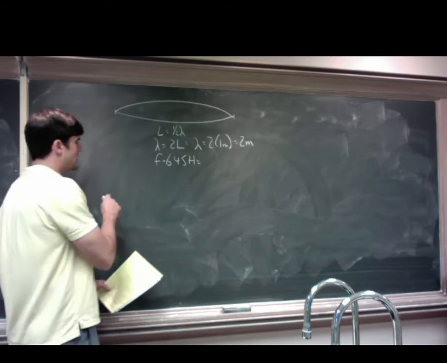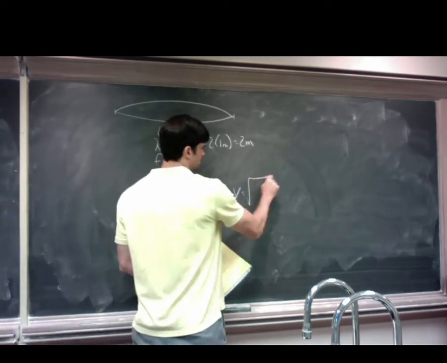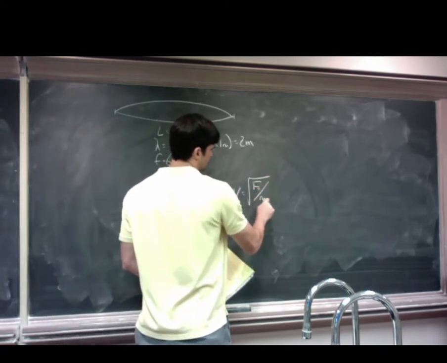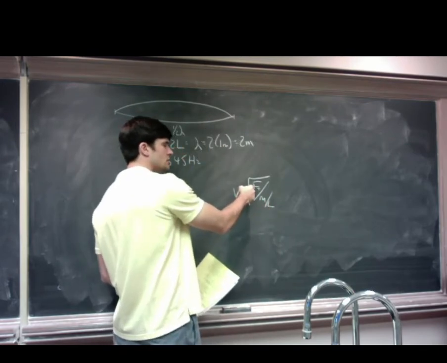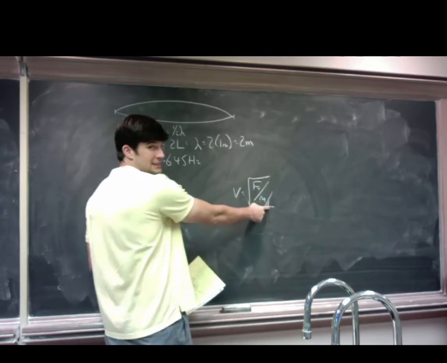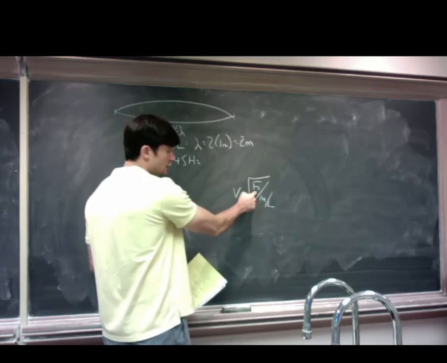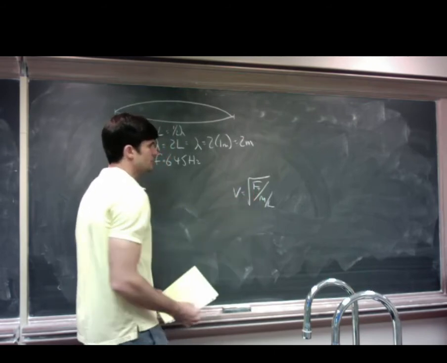Now we're asked, what tension must the piano string be pulled to? Well, we can get the tension from this equation: the velocity of the wave on the string is equal to the square root of the tension over the mass per unit length. We've got the mass of the string, we've got the length of the string. Tension is what we want to find. If we knew the velocity of the waves on the string, we could figure this out.